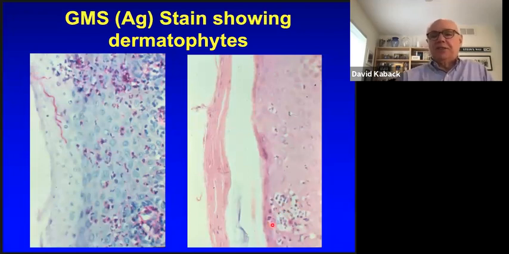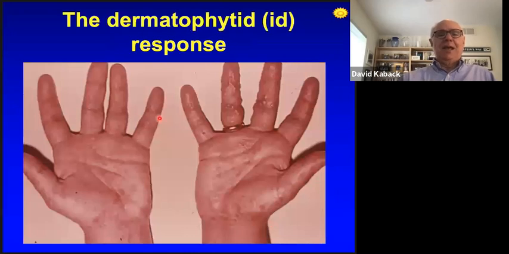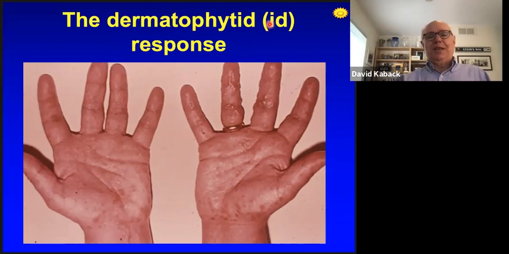The other thing that fungi do is, remember I said that they cause an allergic reaction. People don't like those foreign proteins being secreted on their skin, and many people develop what's called the dermatophytid response, or simply id response, where they're getting an allergic reaction over their body, where they get these little pustule-like, hive-like structures on their body that can be itching.